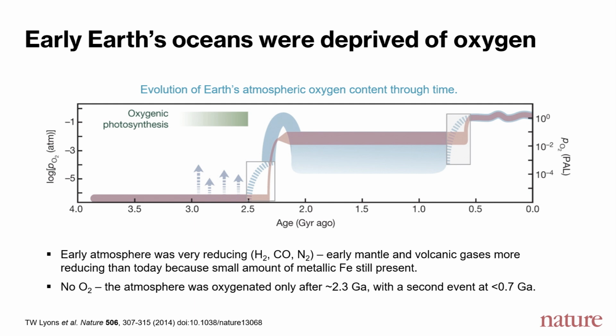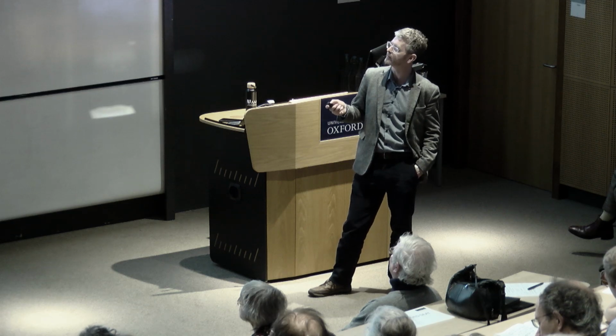And tantalizingly, we had a second phase of oxygenation around 700 million years ago, which also coincides with a major glacial period, the snowball Earth period, when people think the entire Earth was covered in a carapace of ice. So, yes, the early oceans weren't very nice places to be if you were there, because they were pretty toxic.